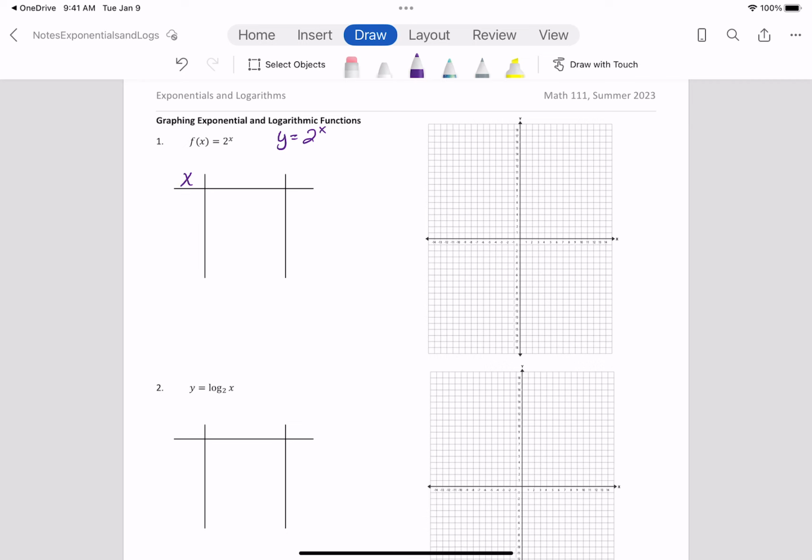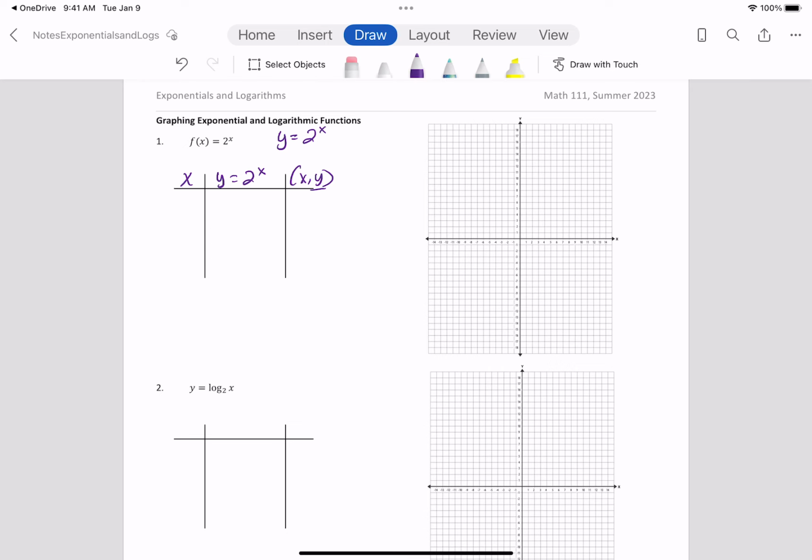So we need to choose some values for x to plug in. And you can really choose absolutely anything you want to. You've probably heard people say things like that grew exponentially, and those kind of statements mean that it grows pretty fast and pretty quickly.